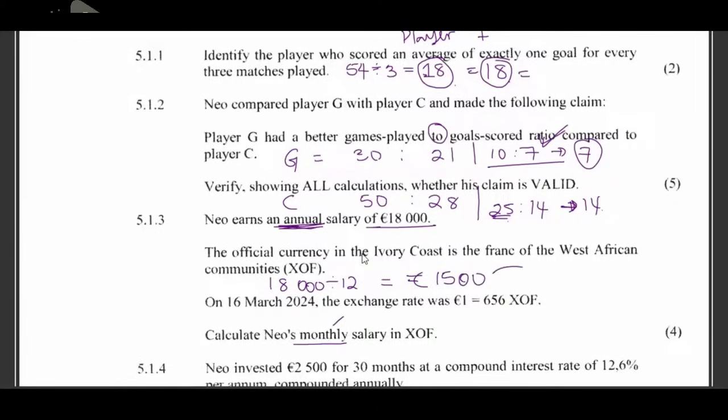Now you need to change it to francs, where €1 is 650. So this simply means we are going to multiply this by that much. So he earns 984,000 francs.